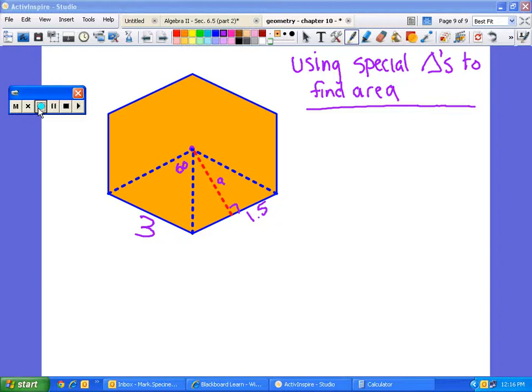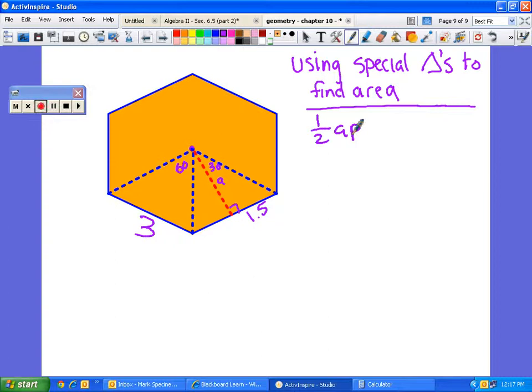Okay, so you're not always going to be given all of the information that you need. So you're going to have to use some stuff that you know or should know to figure out what you need to know. So here we have a hexagon. That's how many sides? 6 sides. Notice, now, if we want to find the area, here's our area formula, 1/2 AP.